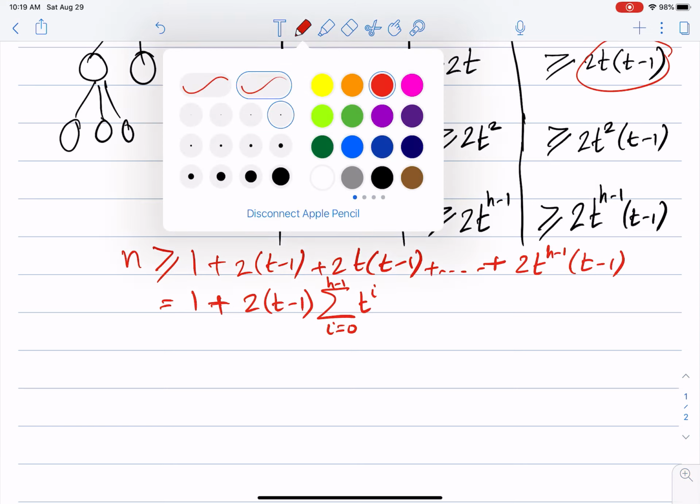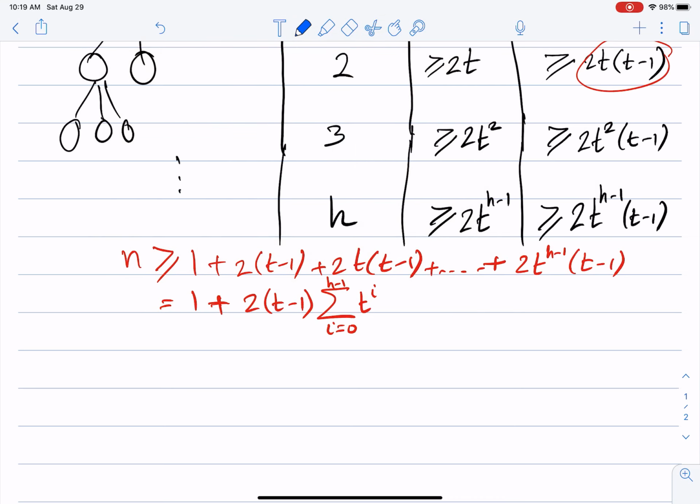Just as a reminder, if we have a geometric series of the form a r to the k, where k goes from 0 to n, a formula for this sum, which you can establish using the perturbation method, is a r to the n plus 1 minus a, divided by r minus 1. Of course, r should not be equal to 1 for this formula to hold.